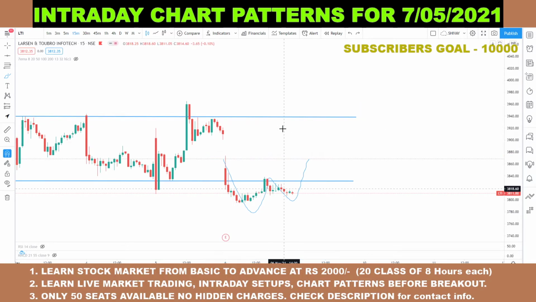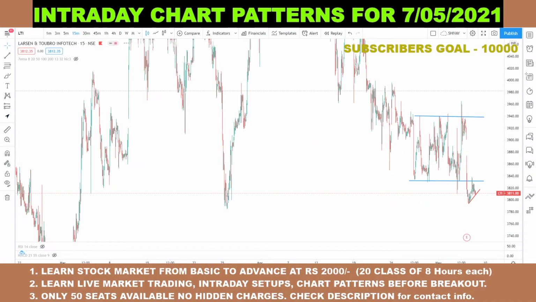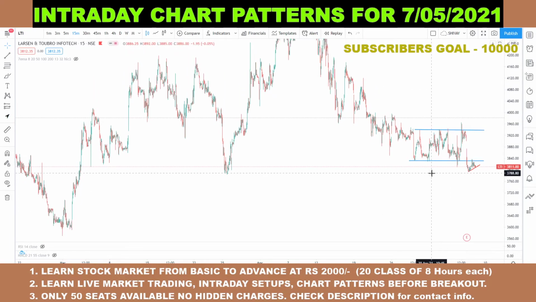And if the stock tomorrow makes this level a resistance and goes below this level, then you can short this stock below 3790 for a further downside target. What will be our target? Our target will be 3780. So should you short this stock?